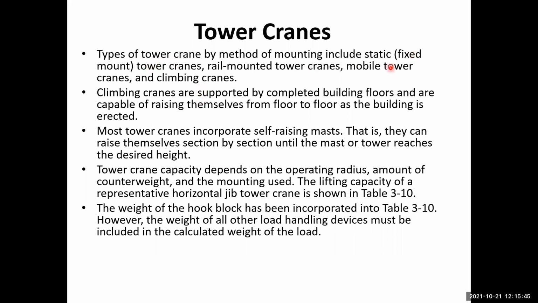The static ones remain fixed. For rail mounted tower cranes, some kind of railing is applied on which the tower crane is based, and within the reach of that railing the tower crane may be moved. Mobile tower cranes are also available, and climbing cranes are also available.